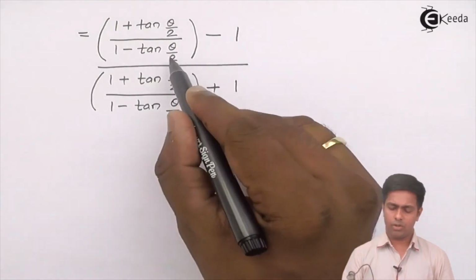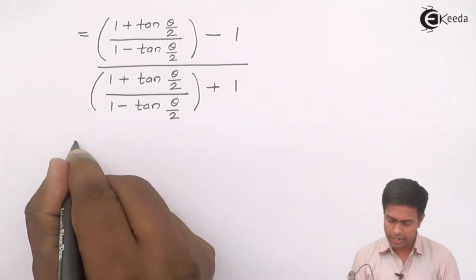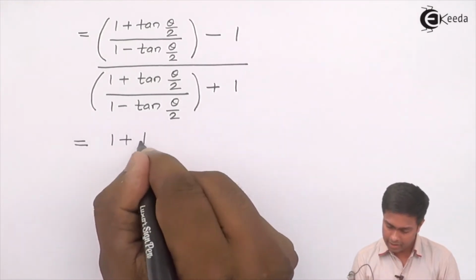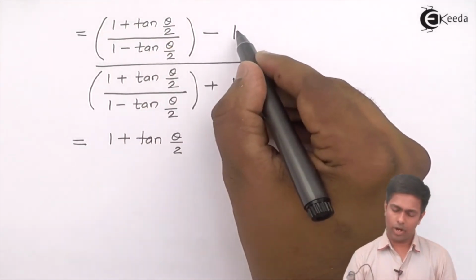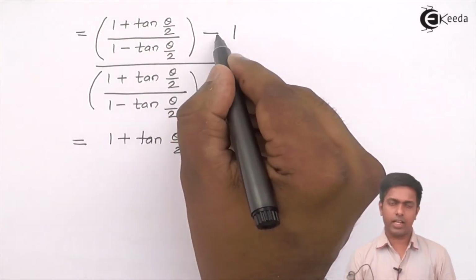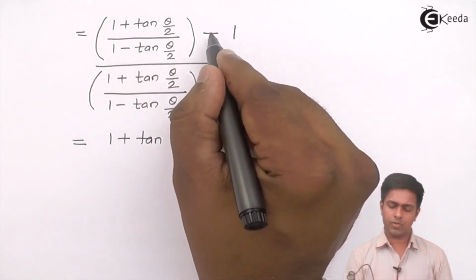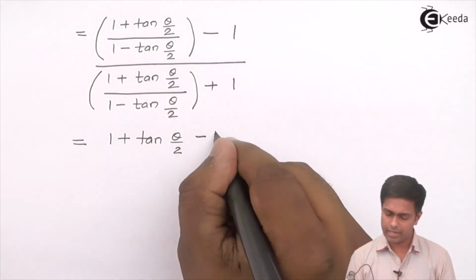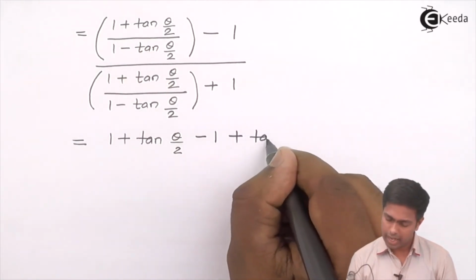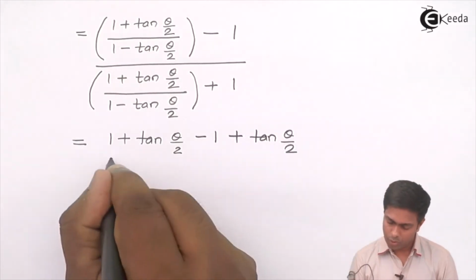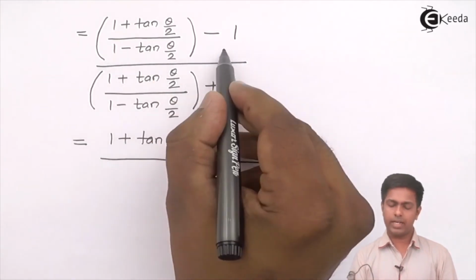Here I'll do the cross multiplication. So we'll get 1 plus tan theta upon 2 as it is. Next, 1 into this, and we have a negative sign, so I'll multiply this bracket with minus 1. So minus 1 into 1 is minus 1. Minus 1 into minus tan theta by 2 is positive tan theta upon 2, whole upon 1 minus tan theta by 2.